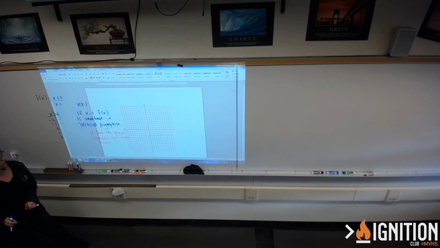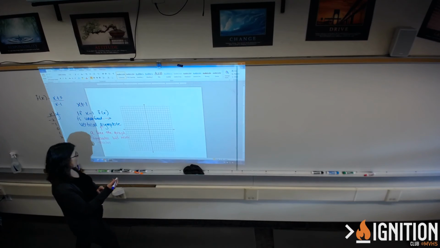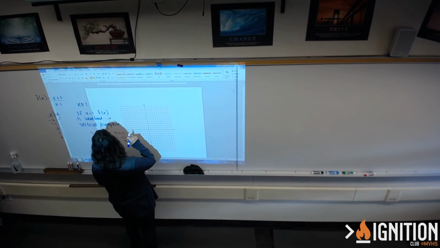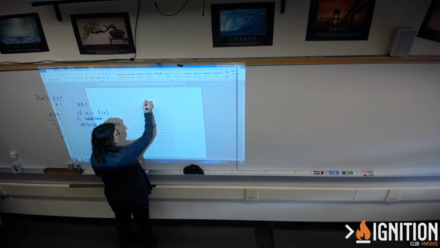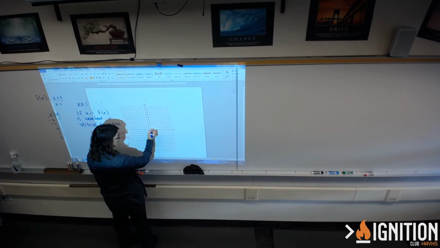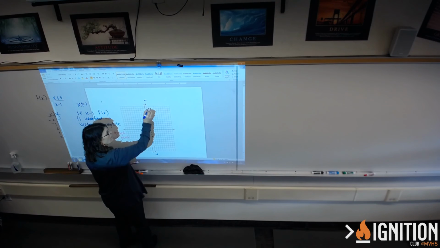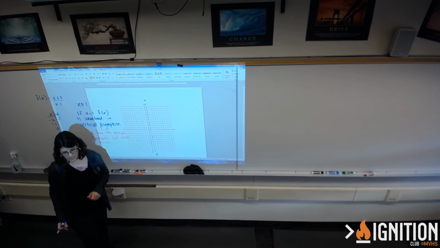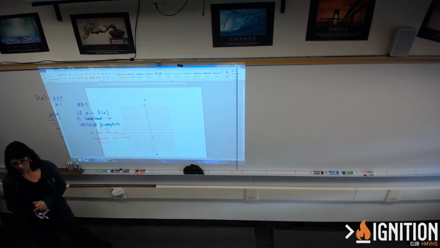So, let's draw a vertical asymptote. Should I just draw a straight line? It's got to have something special. You always have arrows. Approaches but never touches, yes.